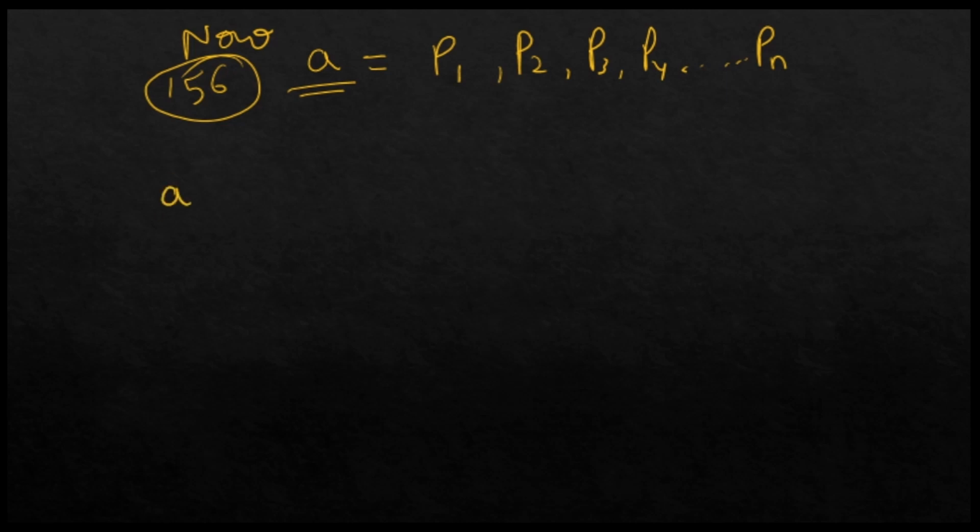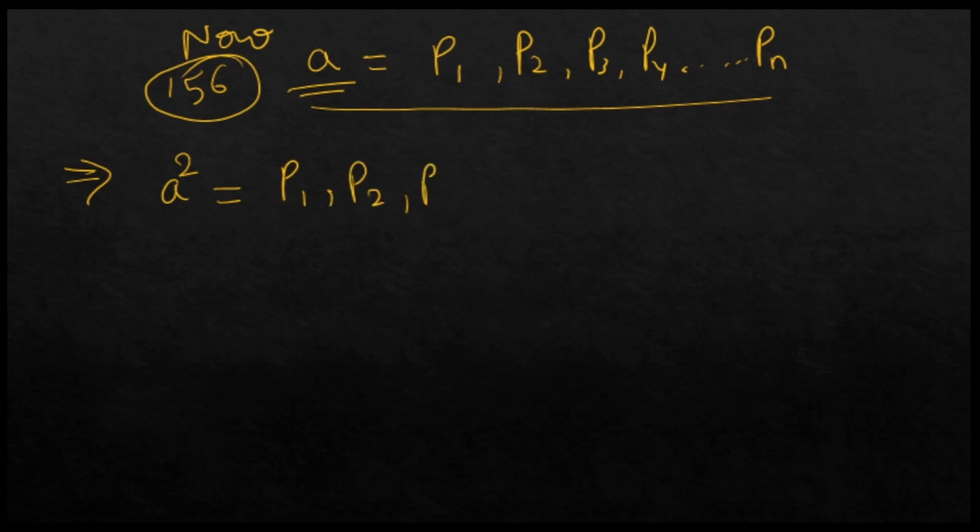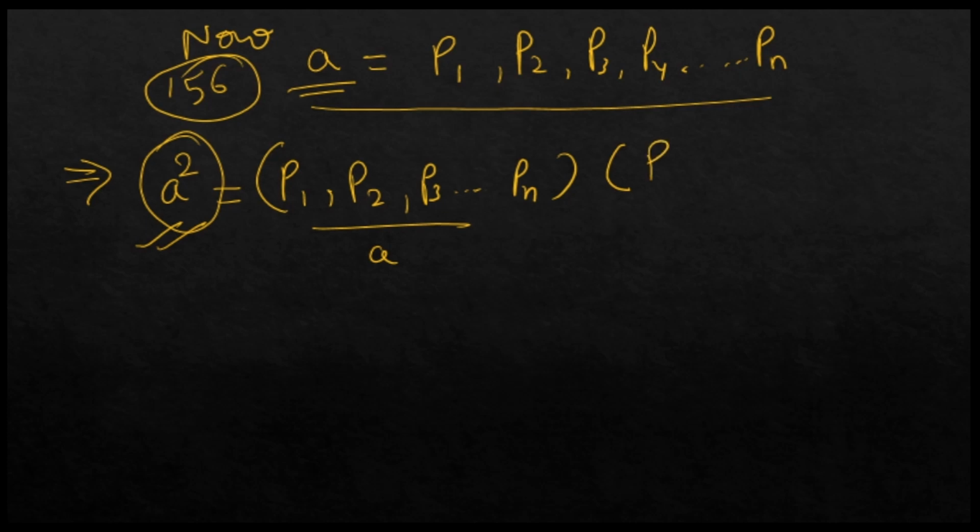If I make a square of this on both sides, what will I have? A square will be equal to P1, P2, P3 to Pn. This is for one A. What do you mean by A square? Then we have to write prime factors for the other A, because A is two times. We have done one factorization here.